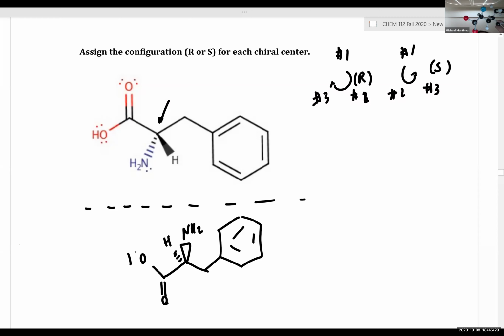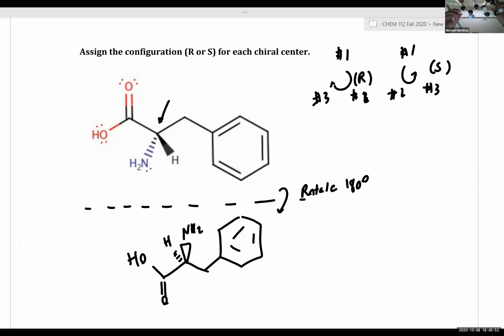Okay, so here's our mirror image. Does everyone see how after rotation, all I did was rotate my molecule 180 degrees along the vertical axis, just rotated.